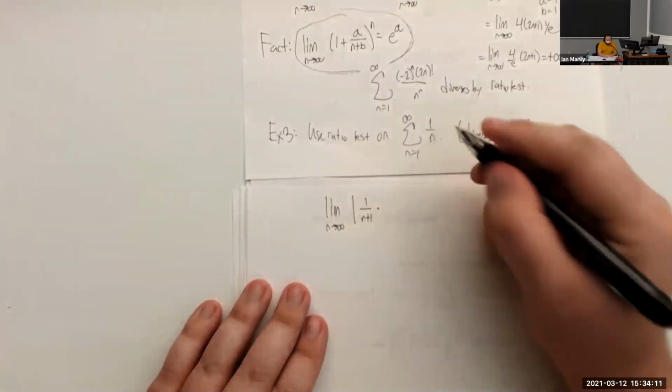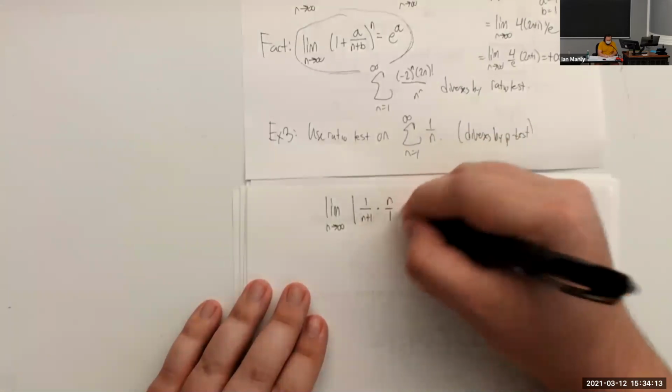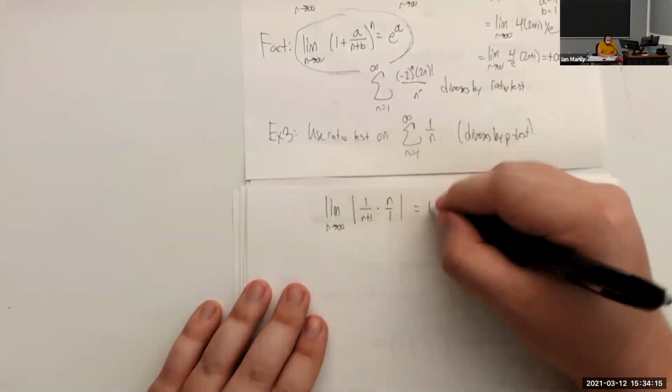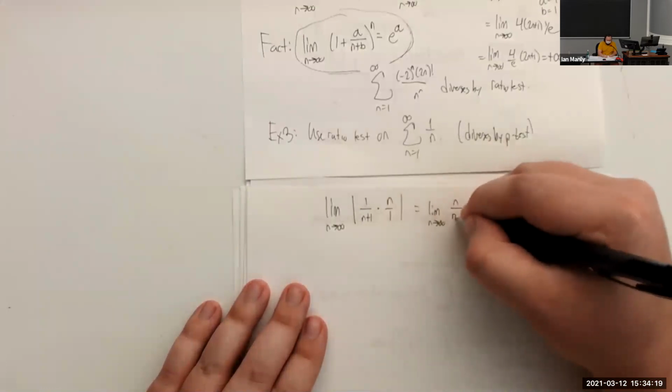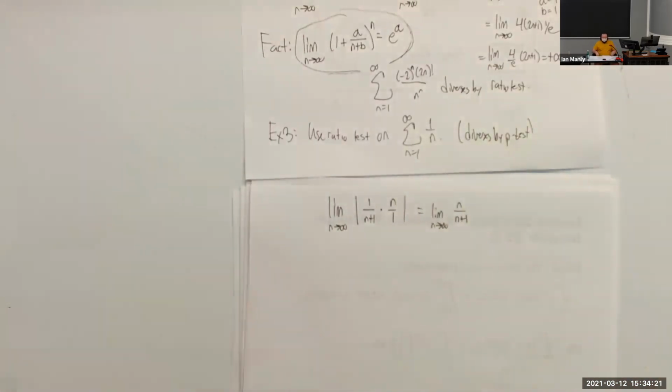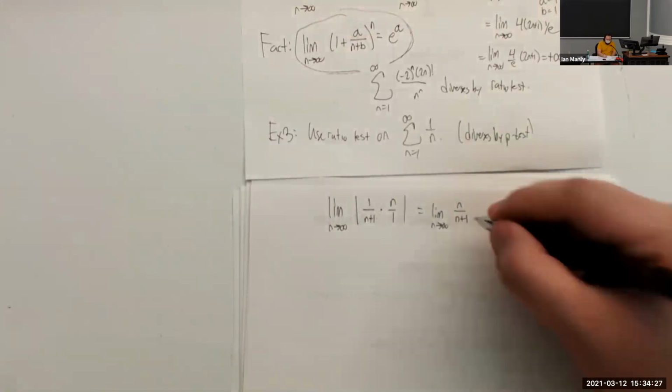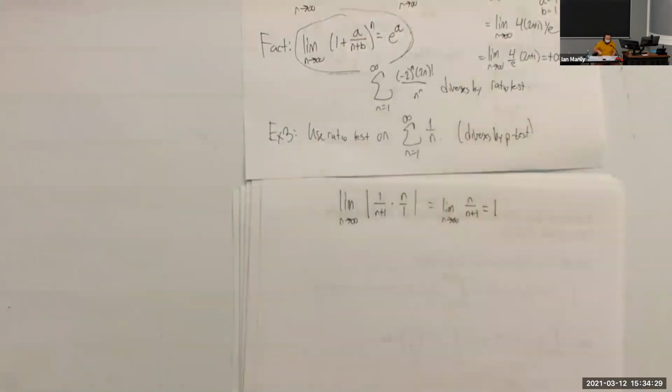We multiply by the reciprocal of the original. This time there's no canceling out, although we can get rid of the absolute values. We just have the limit of n over n plus 1 as n goes to infinity, and this is going to equal 1. Now, what is the significance of 1 for the ratio test? You guys remember that?